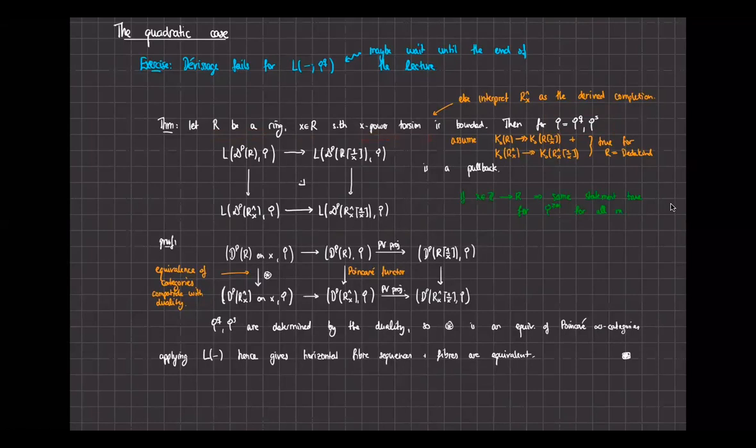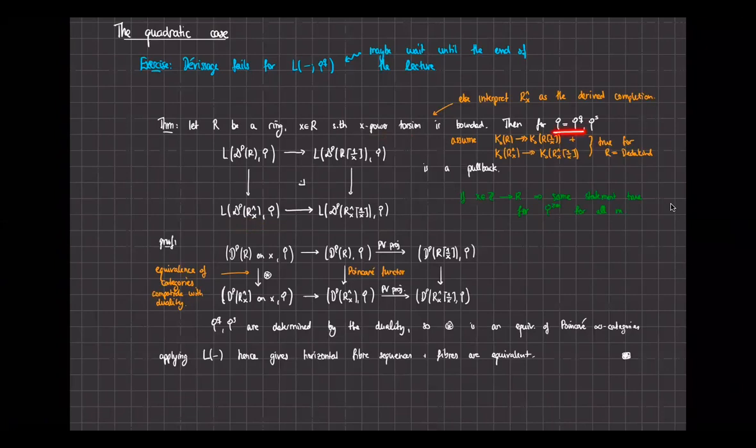Here I really mean the completion of R at x, so the inverse limit over all powers of x, like R mod x to the n. If the x-power torsion is bounded, then this is also the derived inverse limit. And really what you have to write down for this statement to be correct is the derived inverse limit, so this is just a condition which ensures that these two agree.